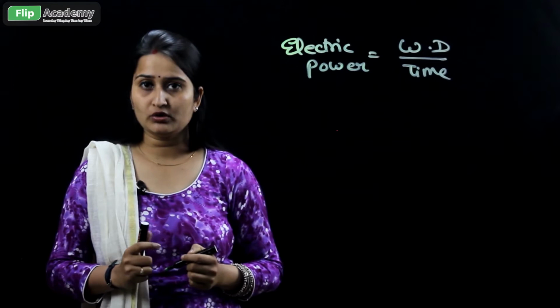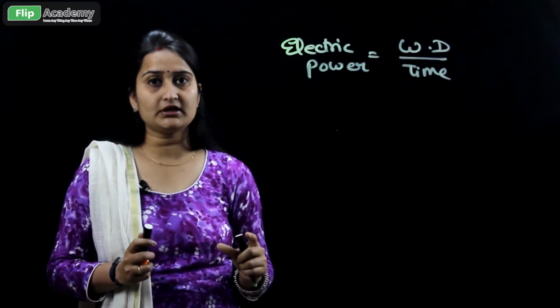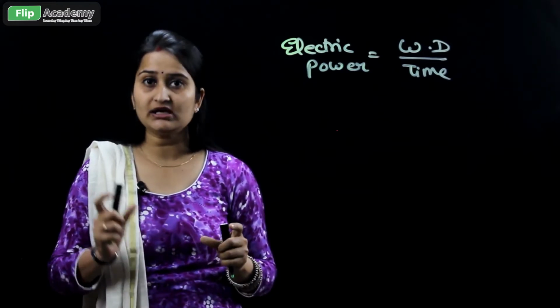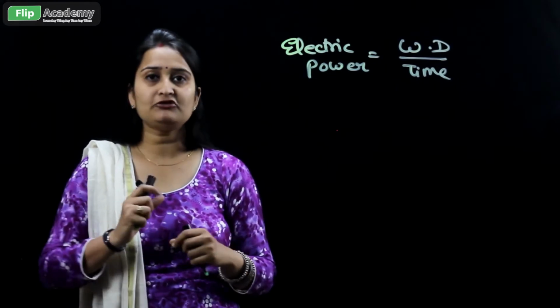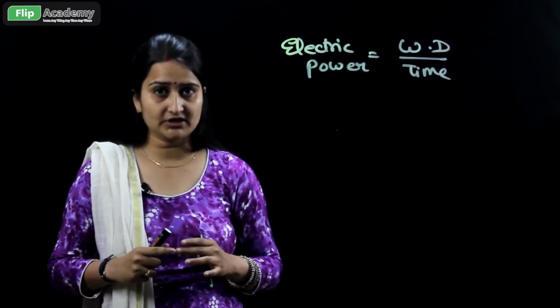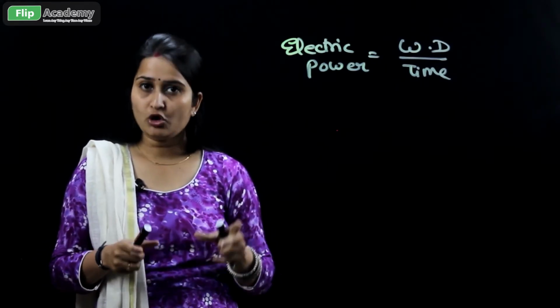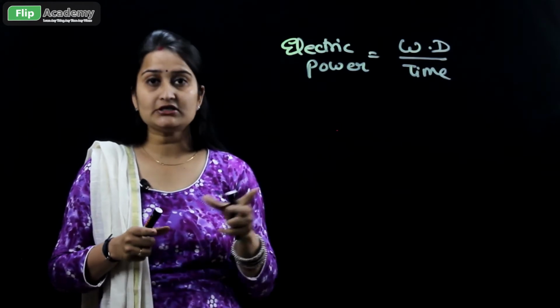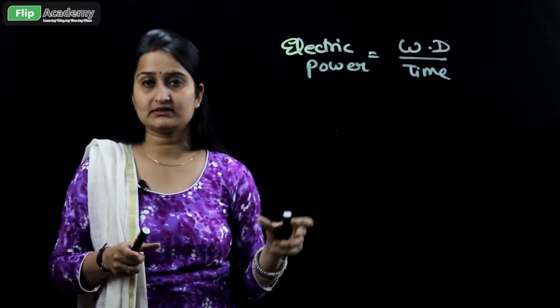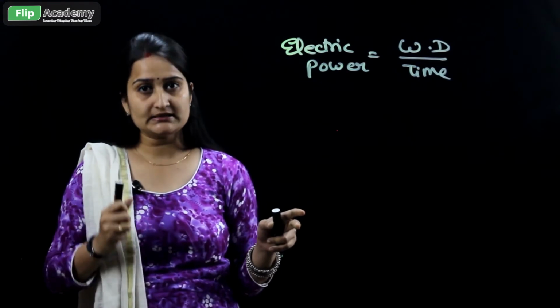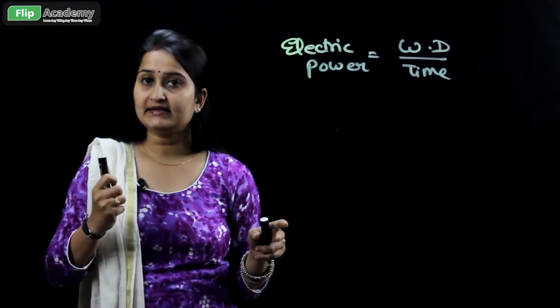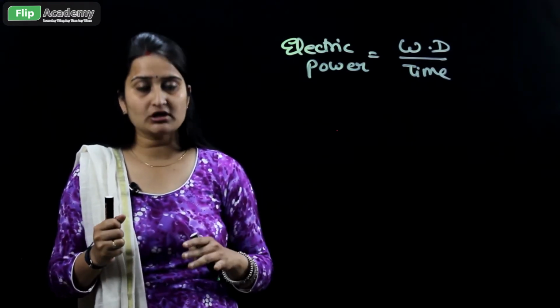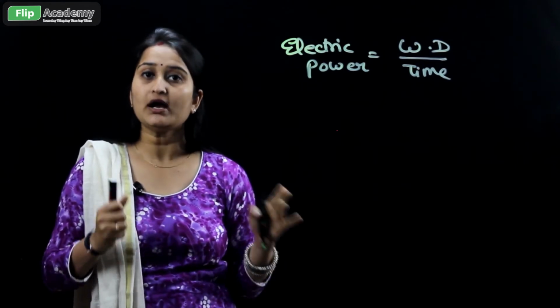I have already told you that the amount of work done is equal to the energy consumed. If you are running, in order to complete a certain work, you require a certain amount of energy, and that energy is proportional to the work you are doing.